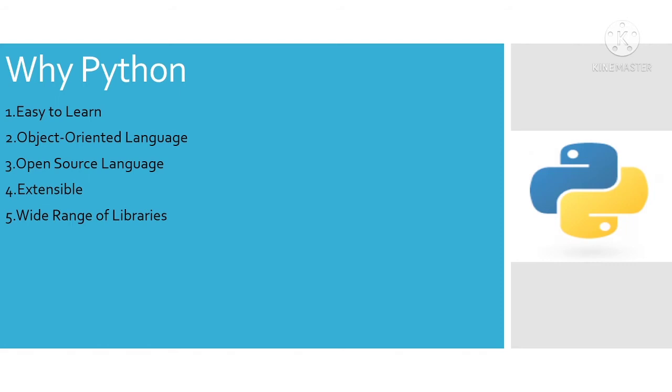The next one is that Python is an open source language. That means we don't need to pay anything to learn Python and to use Python. Next one is extensible. Python is an extensible programming language, so we can integrate Python with multiple technologies with the help of its huge number of libraries.